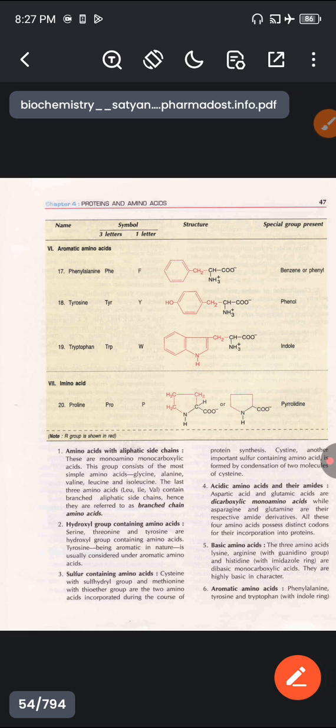That is all I can say about the classification of amino acids based on structure.